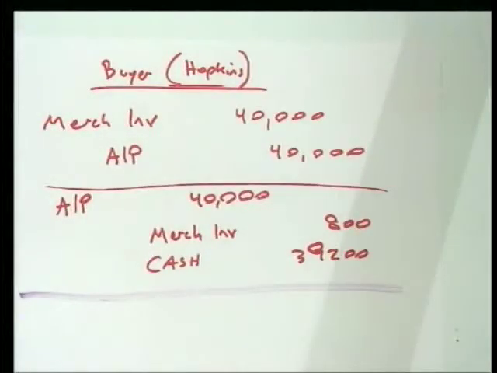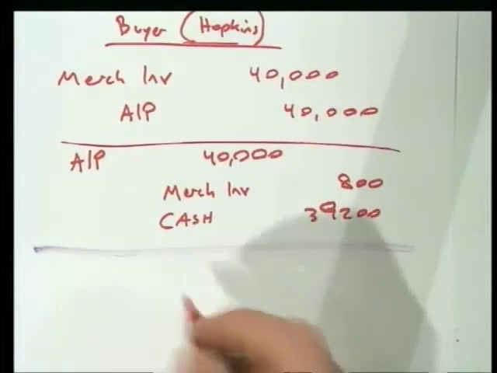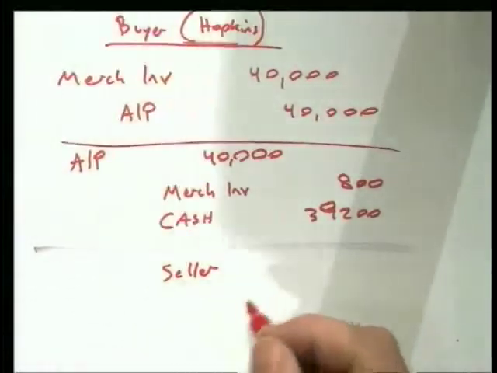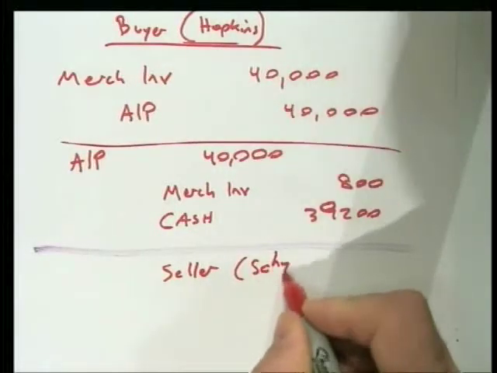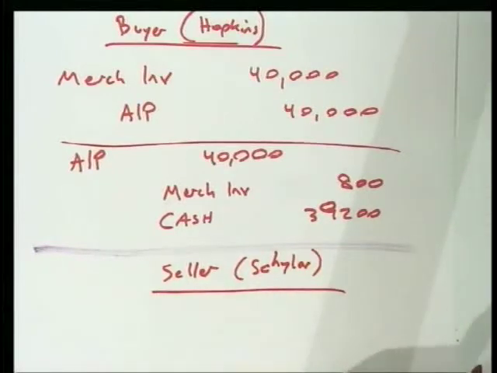Now let's make them on the seller side, okay? Who is the seller? Let's see, it's Schuyler. Okay.